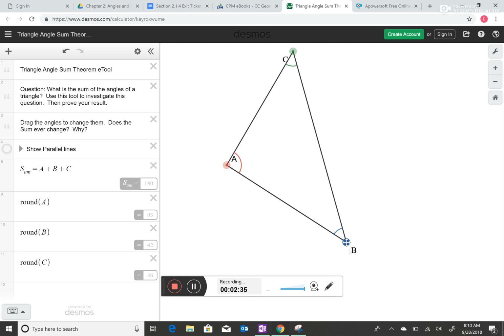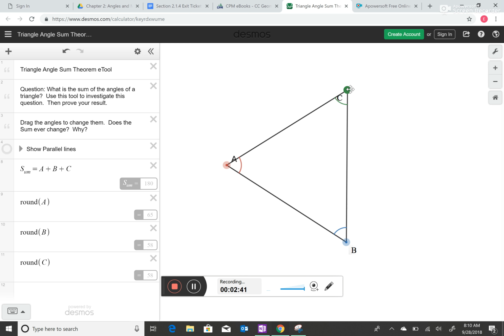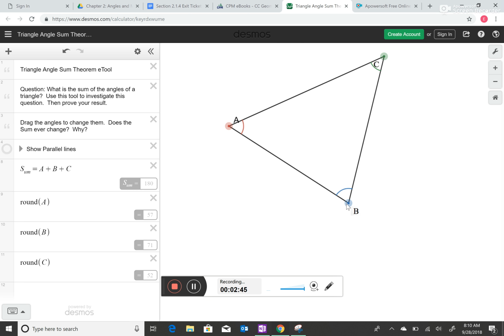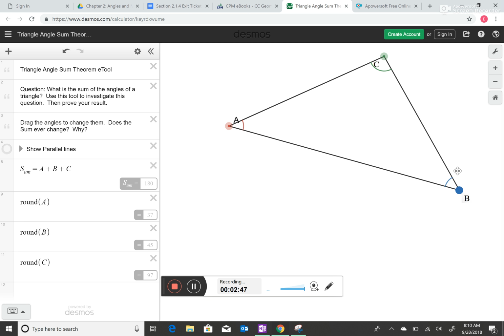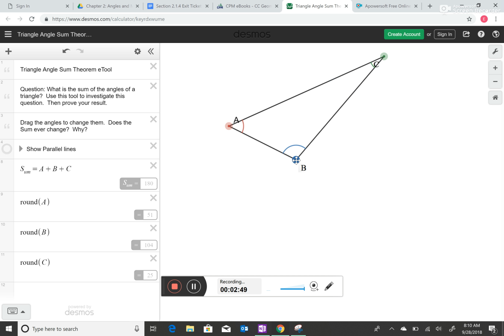So moving all of these around, I showed you different types of triangles, the right triangle, obtuse, acute triangles. And if you notice, the one thing that has not changed at all is the sum. The sum has stayed 180 the entire time, no matter what is going on. So that is what you guys are going to work with today. That is the triangle angle sum theorem, that all of the angles in the triangle add up to 180.